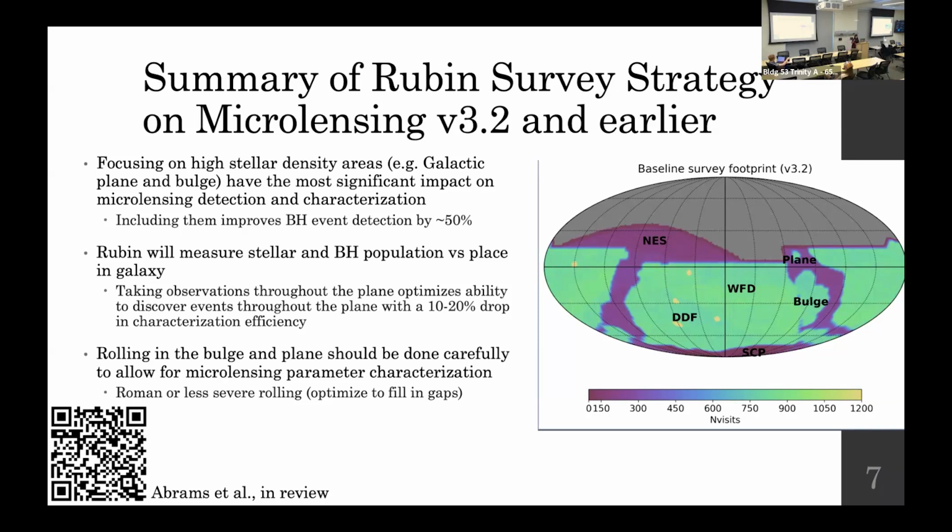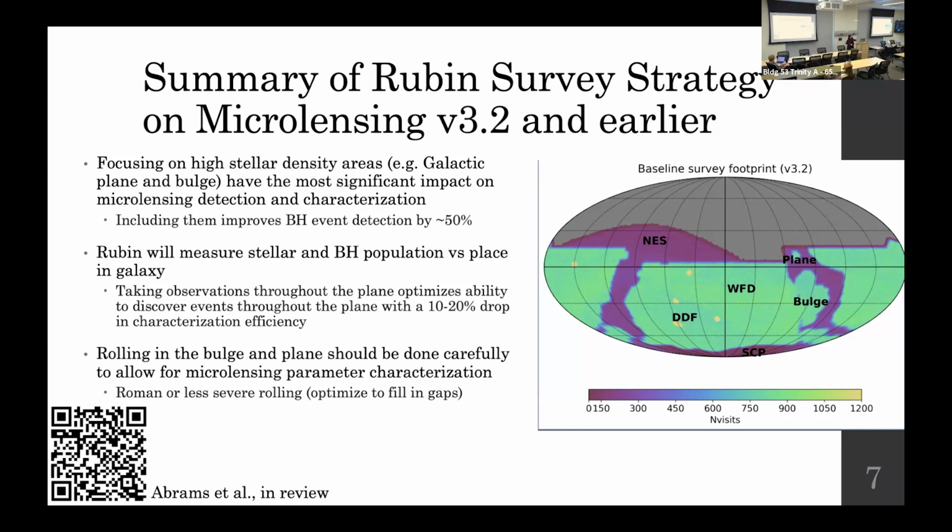There's also the concept of rolling, which hopefully most of you have heard of: one year you focus on one part of the sky and another year you focus on another part of the sky, and alternate between those. Rolling needs to be done carefully in the bulge, if at all, or in the bulge and plane, if at all, in order for microlensing parameter characterization to occur.